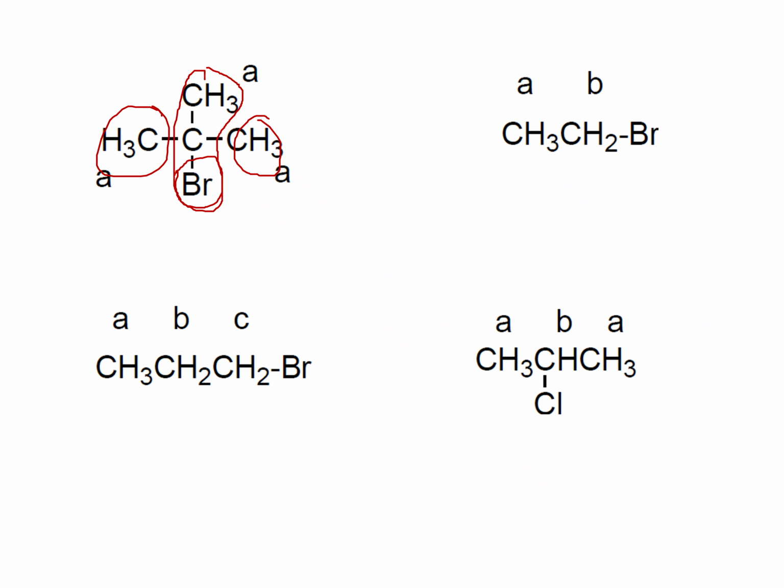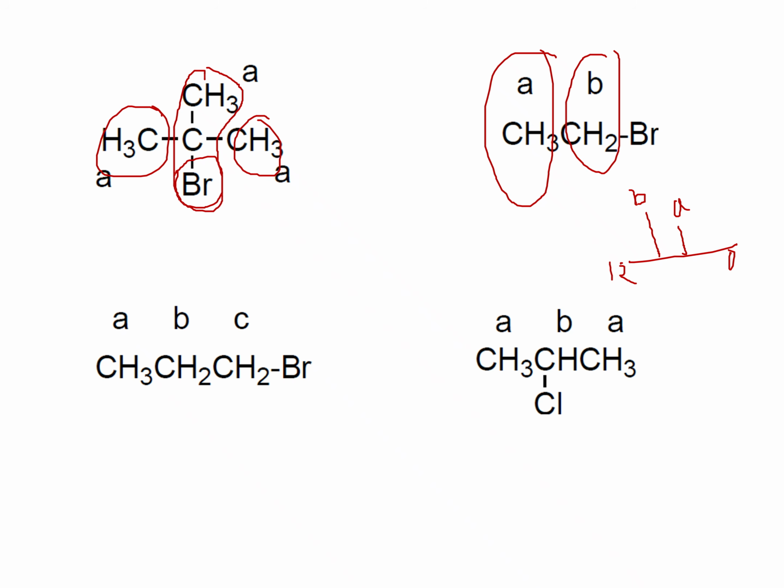Then come here, there are two electronic environments, one for B and another for A. So what would the shifting be? The spectrum would be like this, from 0 to 12. You will have two peaks here because of the two environments. So which would be A and which would be B? This would be B because it is very close to bromide, and this would be A.